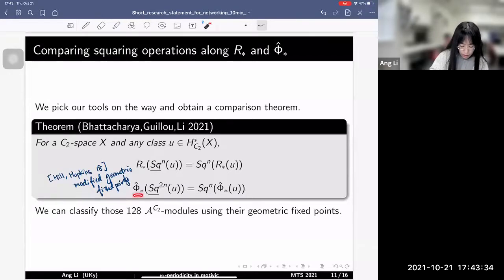And this Φ-hat is called the modified geometric fixed point in the sense of Hill and Hopkins. Why? Because we know that the geometric fixed point of the Eilenberg-MacLane spectrum is polynomial. That does not give you a class in cohomology, so you need to go one step further, projecting it down to the zero vector. So this applied to equivariant Sq^2n cuts it in half and gives you non-equivariant Sq^n. We use this information to classify those 128 extensions.